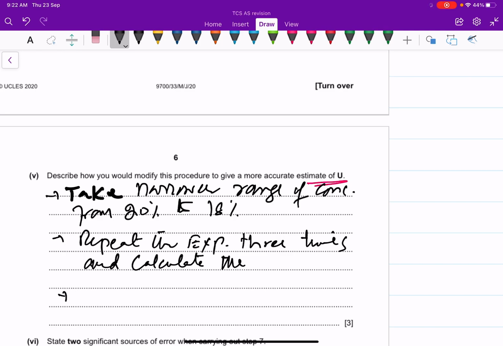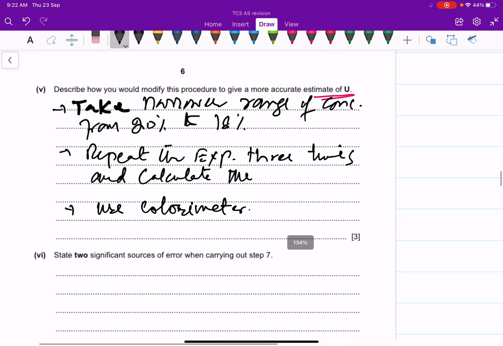And then we can use a colorimeter to judge the endpoint. Okay, so there are different ways we can improve the accuracy. We can improve the independent variable, we can improve the dependent variable, and we can also consider controlling some variables, that we can also mention in this case.